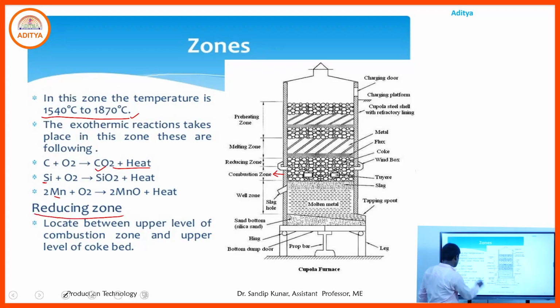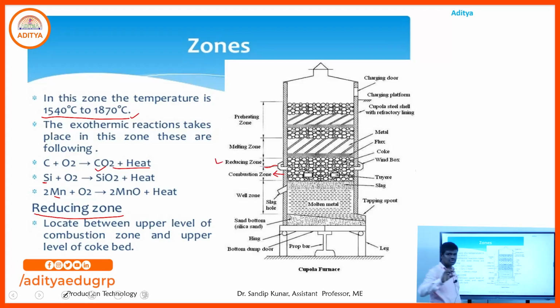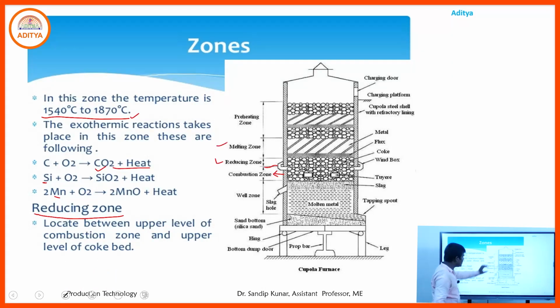What is the reducing zone? That zone is the reducing zone. It lies between the upper part of the combustion zone and the lower part of the melting zone.